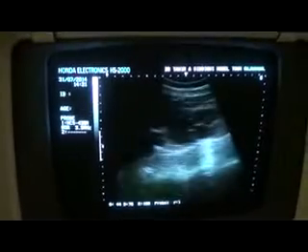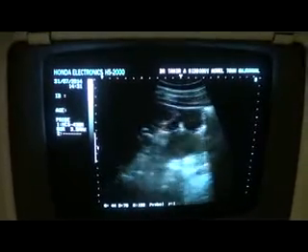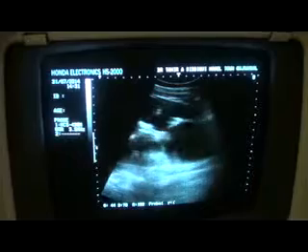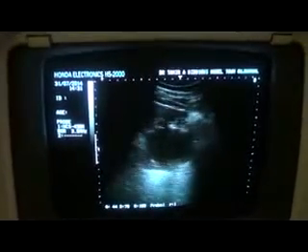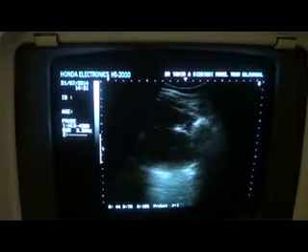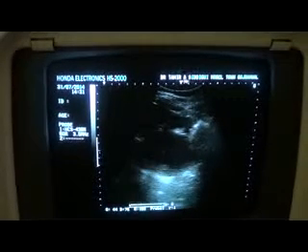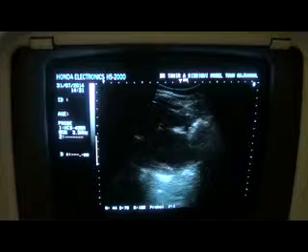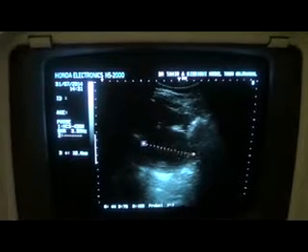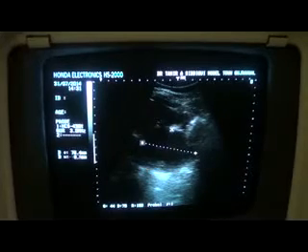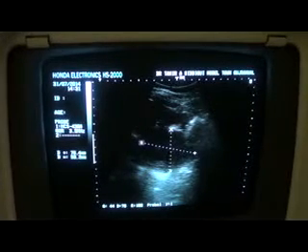Moreover, going into further detail, I see a dilated cystic area in the region of the renal pelvis, and this is the dilated renal pelvis. This area is the dilated renal pelvis, this region from here to here and from here to here.